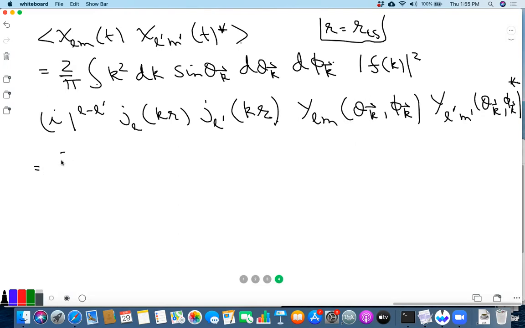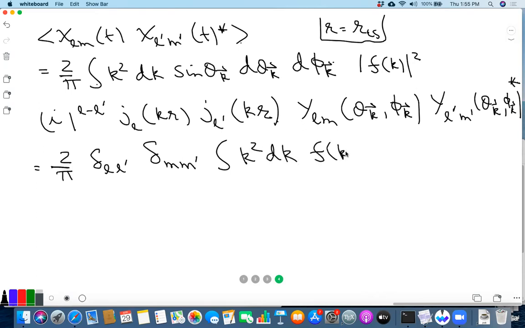So this gives you 2 over pi delta_LL' delta_MM', integral k squared dk mod f_k squared. Now, because L is equal to L prime, I can just write the J_L kr squared. And that's it.